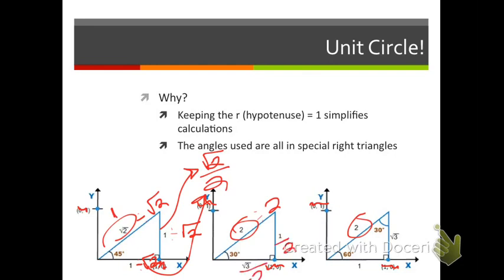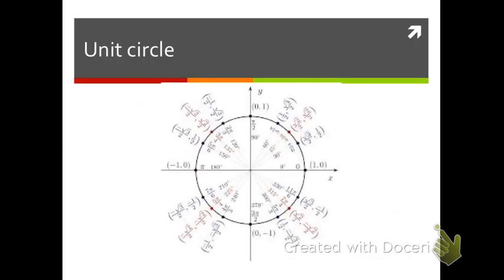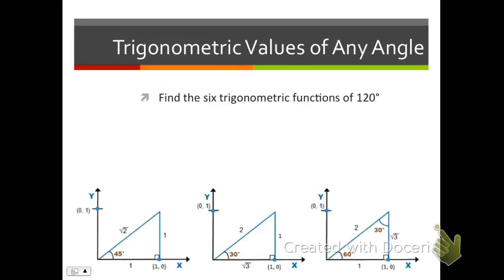Divide all of those by 2. We're going to get 1/2 on the short side, root 3 over 2 on the long side, and then 60 degrees is reverse, root 3 over 2 on the long side, 1/2 on the short side. Sorry if I went too fast. You might need to rewind and pause.